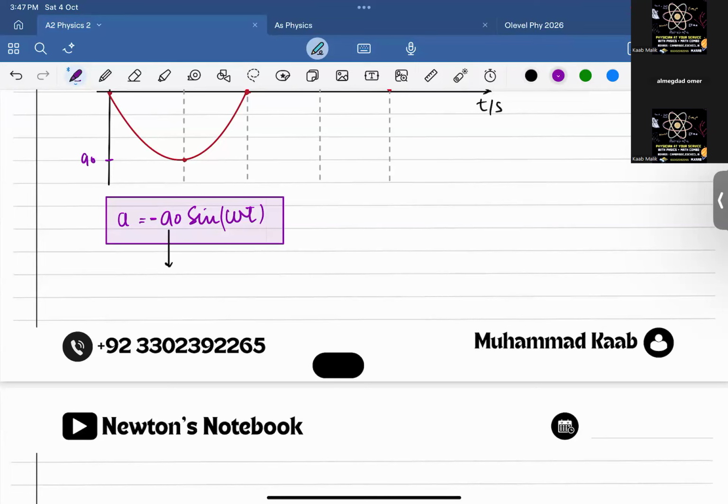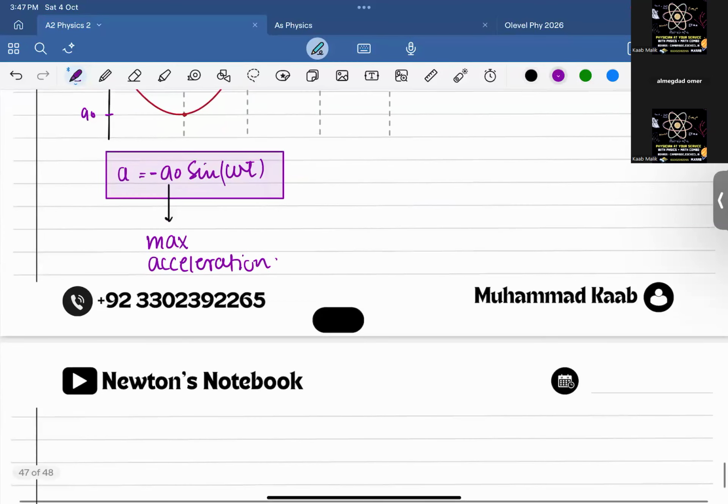Now, if we talk about the concept of the maximum acceleration, it has a formula: a naught is equal to x naught omega squared.